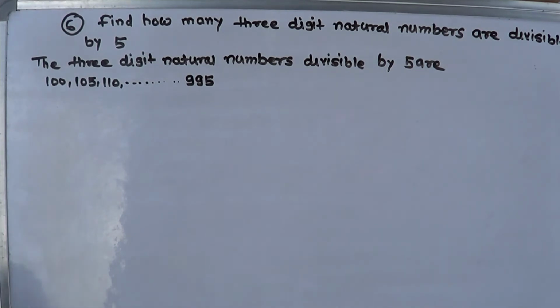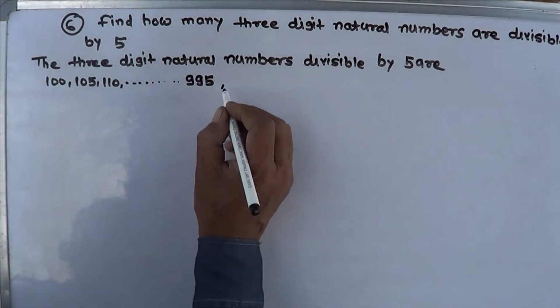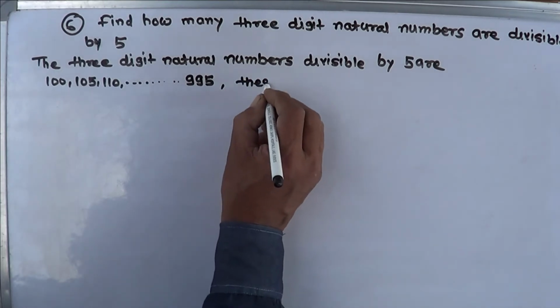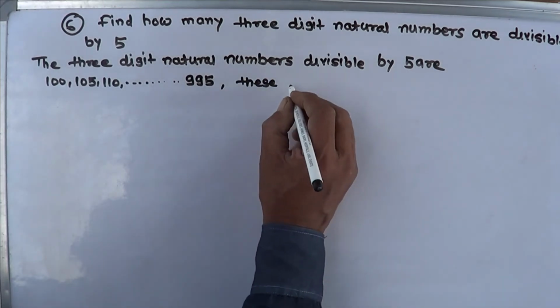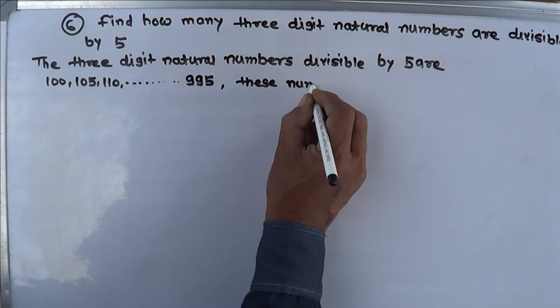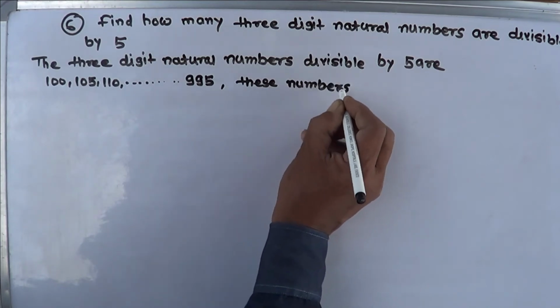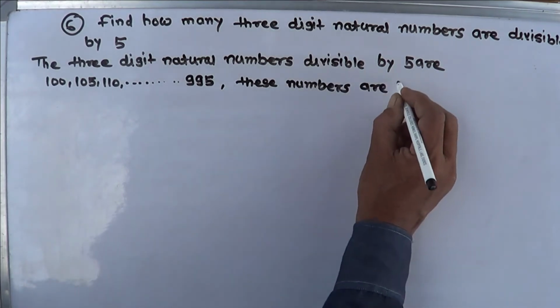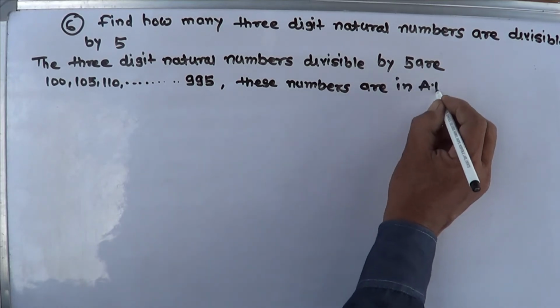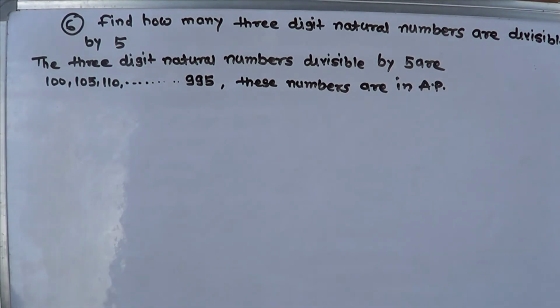So these numbers are in AP, or these numbers are in arithmetic progression. So we have to find out how many numbers are divisible by 5.